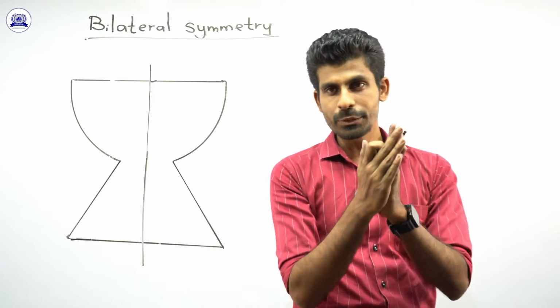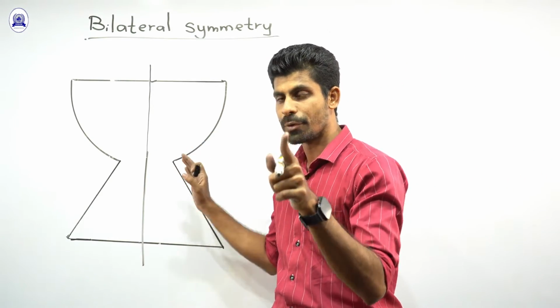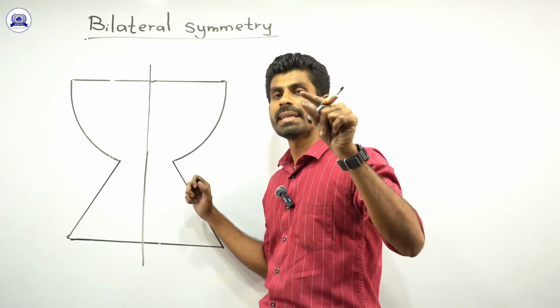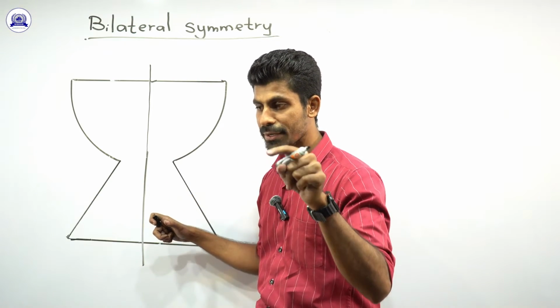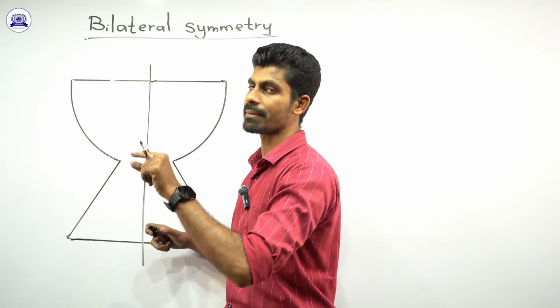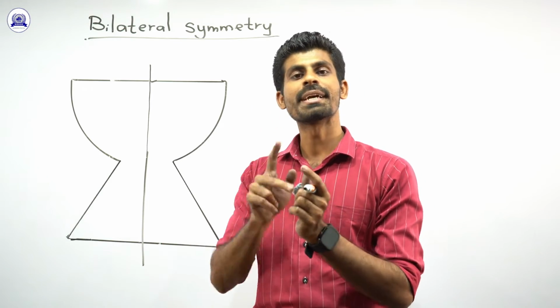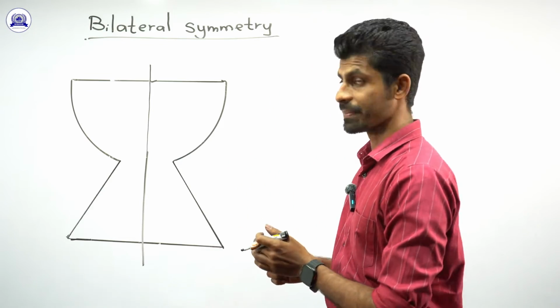Those kinds of figures are called a bilaterally symmetric plane figure. Bi means two. Bisect, dividing into two. Bilaterally symmetric plane figure, right?